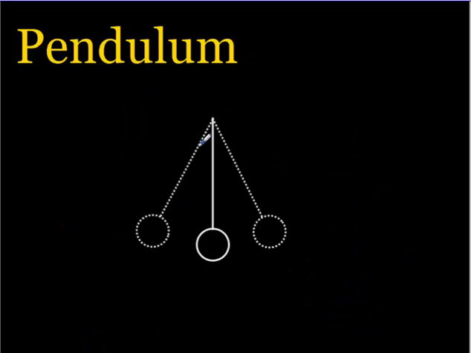Another way we calculate is with a pendulum, and I'm going to be showing you this in class. When you raise a pendulum, so let's say it goes from here to this position here, the distance that it travels is not this distance here.